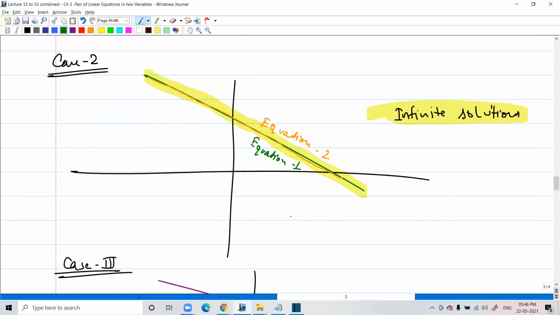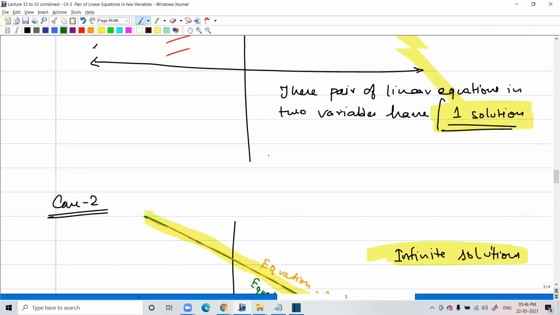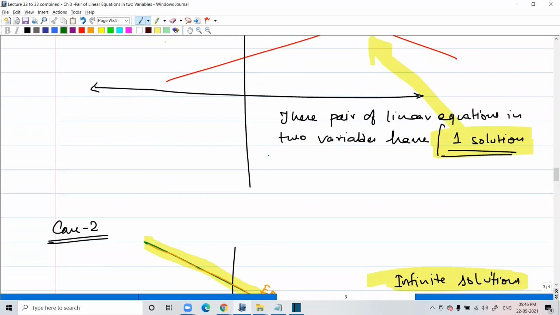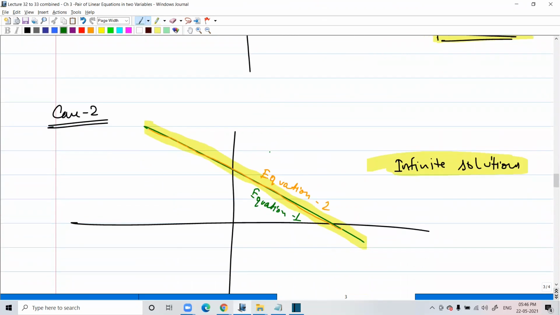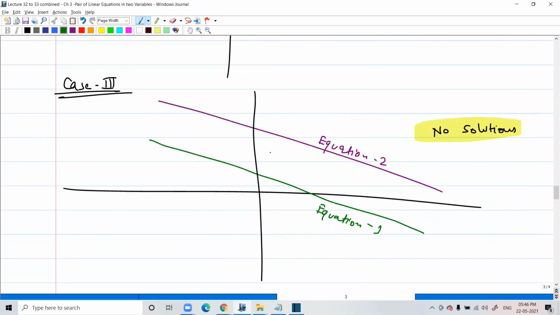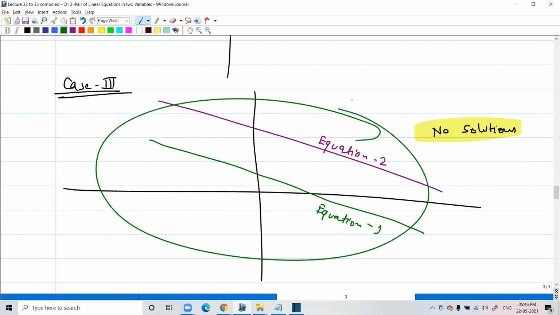In the same way, this has infinite solutions. I said at least one solution. So infinite solutions also means that this is a consistent pair of equations. So these two cases where the pair of equations has at least one solution fall under the category of consistent equations. Then which will be inconsistent? Of course, the third one, because it has no solutions at all. So this is an inconsistent pair of equations.